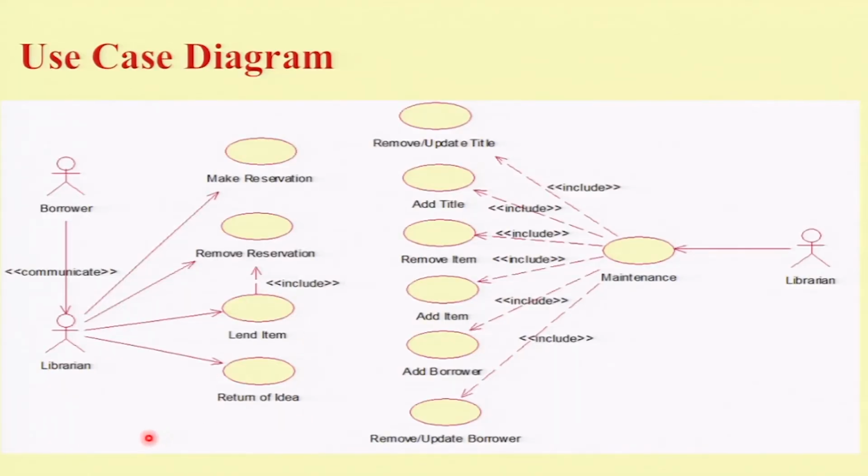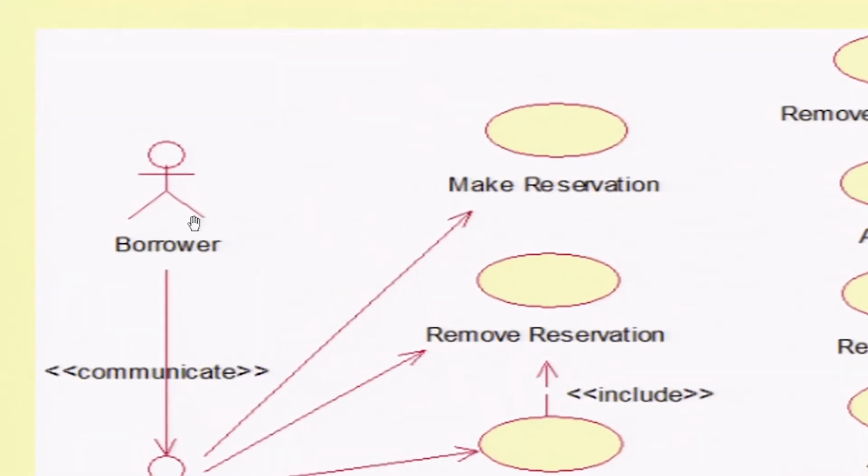So let us now discuss briefly the design concepts that are required to create that particular library management system. First, let us discuss the use case diagrams. My dear students, you might be aware of the use case diagrams as you have studied them in the earlier sessions. You have the actors.